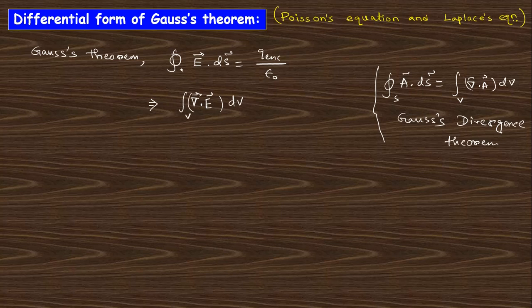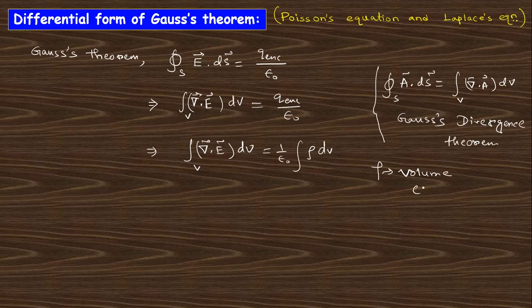This is the surface integration, equal to Q enclosed by epsilon naught, and Q enclosed can be written as rho dV, where rho is the volume charge density. Clear?